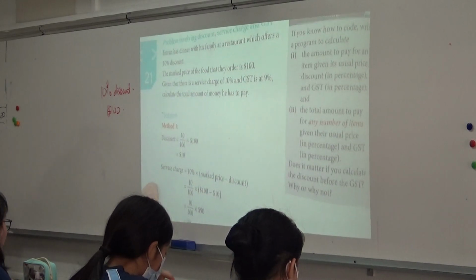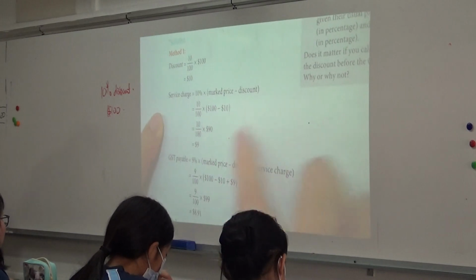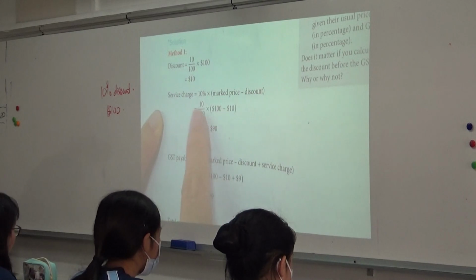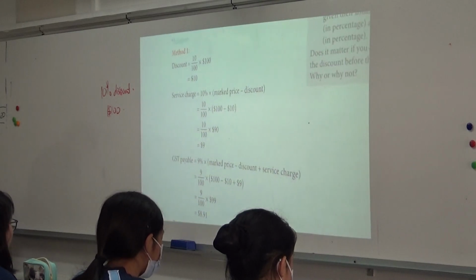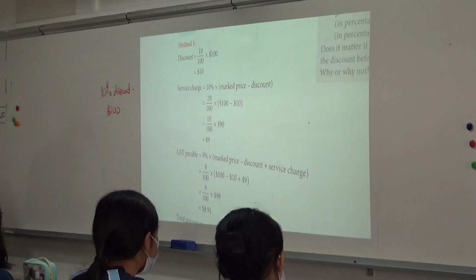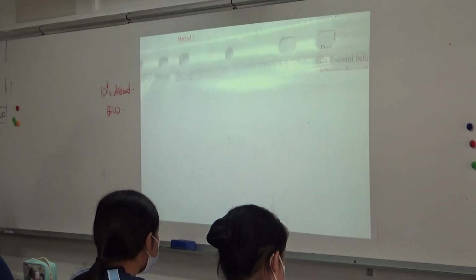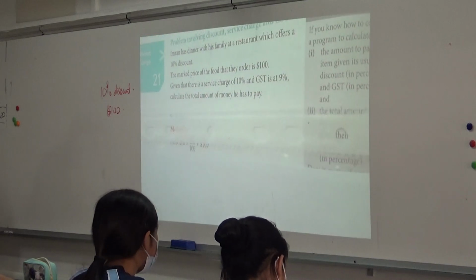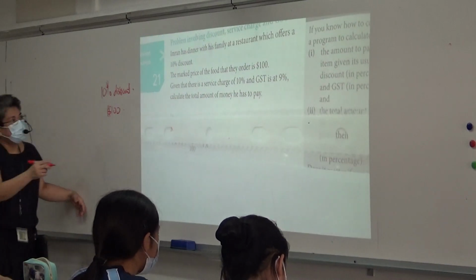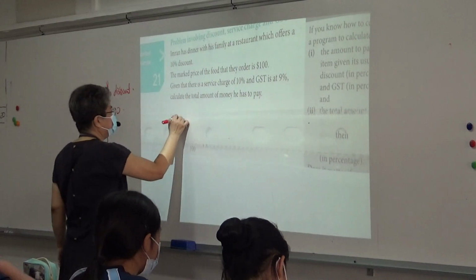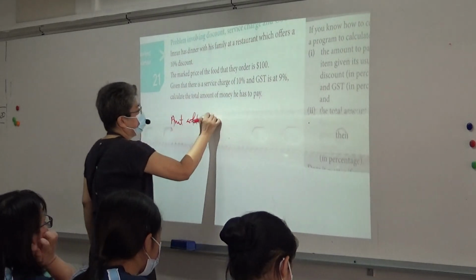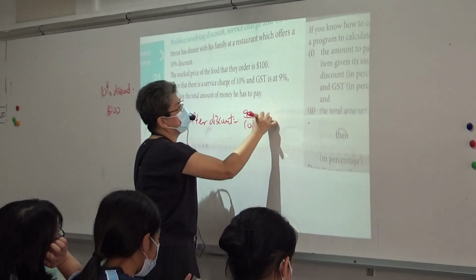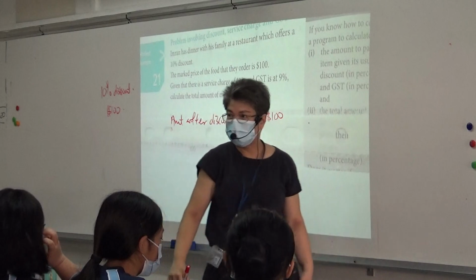Do you agree that there's a discount of 10%? This one, they did it in a very haphazard manner. Let me just show you first. They have a discount of how many percent? 10%. So, first of all, the amount after discount will be 90% times 100.